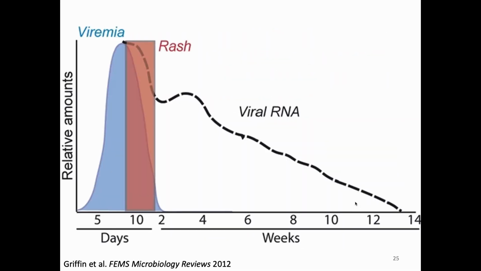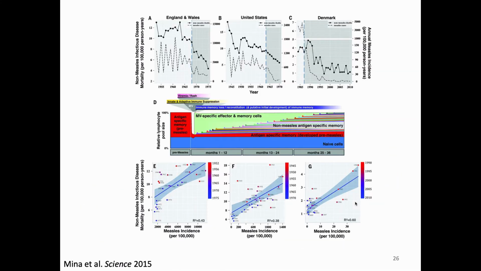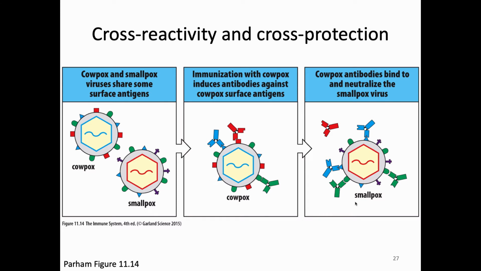One of them is the phenomenon called cross-reactivity and cross-protection. We've talked about our immune response and its exquisite specificity many times. But in real life, if we have related pathogens, they are probably going to have some proteins or other antigens in common, allowing us to have a cross-reactive response.